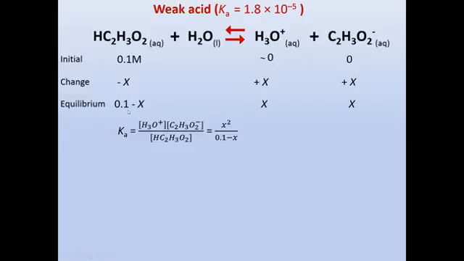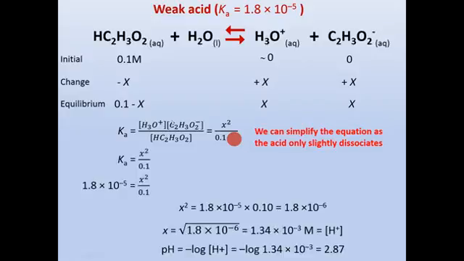The concentration of the weak acid at equilibrium is 0.1 minus x. Because we know the value for Ka, we can solve for x using a quadratic equation, but a much simpler way is to ignore that 0.1 minus x. x is going to be quite small compared to 0.1, and this just simplifies the maths.